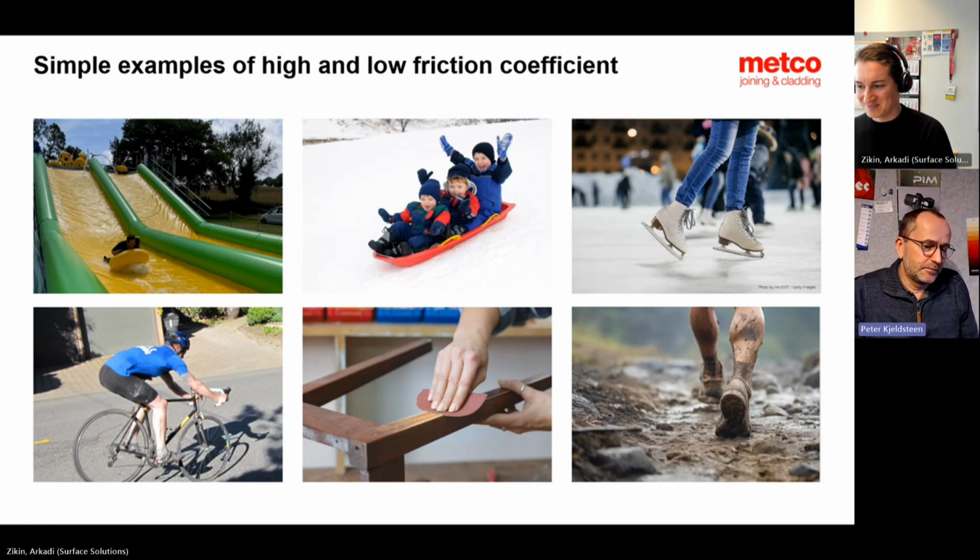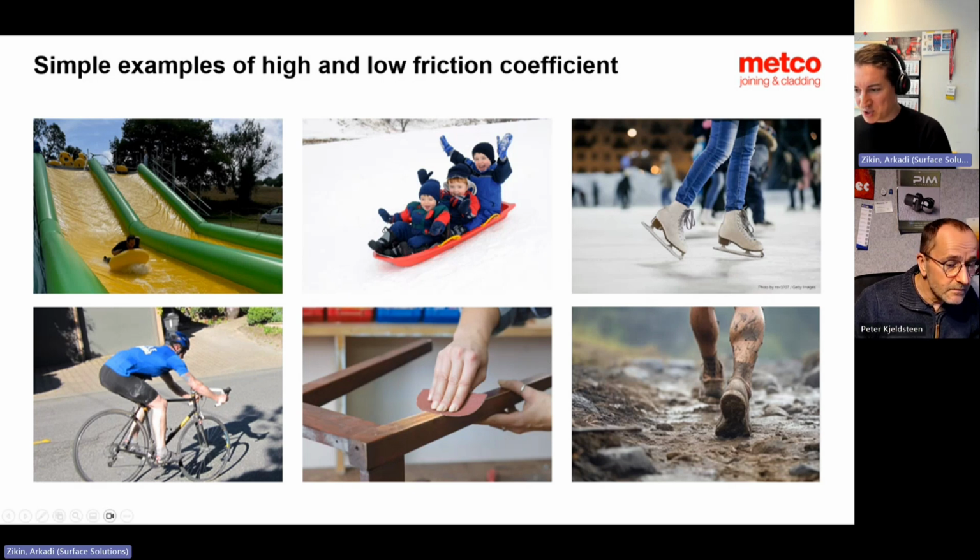A bike, and here friction is between the tires and the road. But if you look deeper on this image, you see that this guy is staying on his bike and his back wheel is in the air. So that means he's braking so strongly that the wheel is lifting. This is an example of high friction where we have a braking, brake pad, brake disc system.